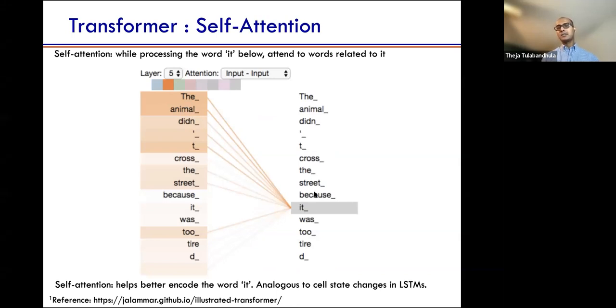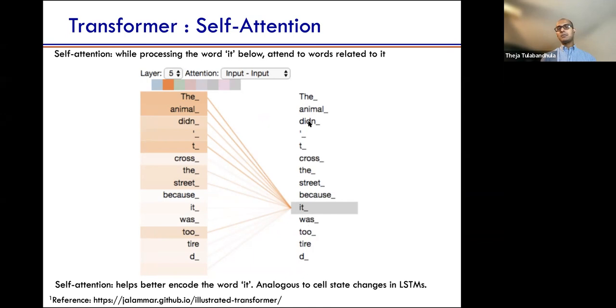The animal didn't cross the street because it. What is it? It's actually the animal. Because you're taking a linear combination of these value vectors for each of these words, the vector for it should be very close to the vector for animal. Of course, the vector for animal may be itself, for example. That's what we want to show through this illustration.